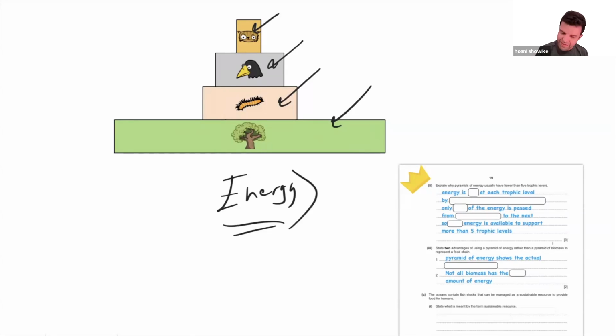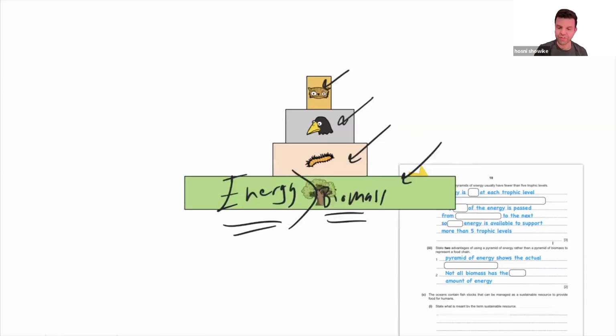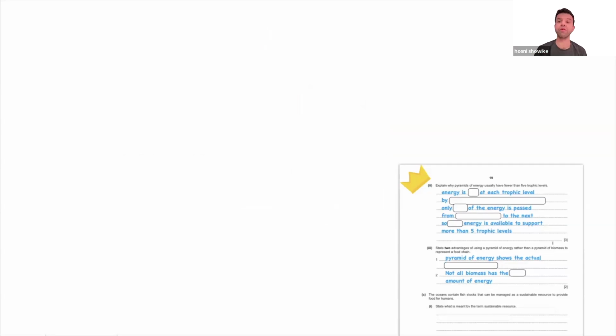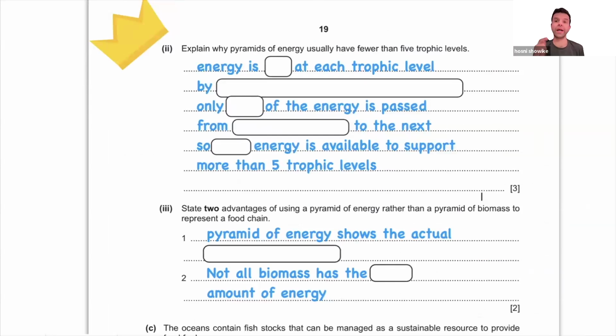Why is this better than the pyramid of biomass? Because biomass might be misleading. Sometimes you may measure parts of the animal that are not edible, all right? Or maybe that wooden part of the tree that nobody eats. So all of this is biomass, but they're not contributing to the energy. So that's why if you could measure the energy stored at the trophic level, that would be the best representation of the flow of energy.